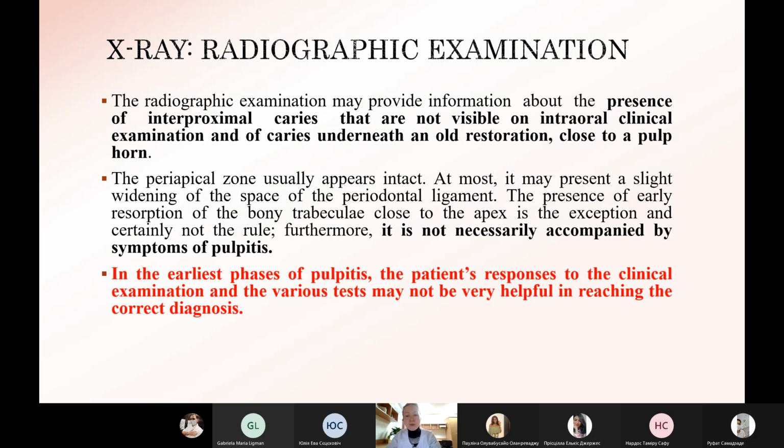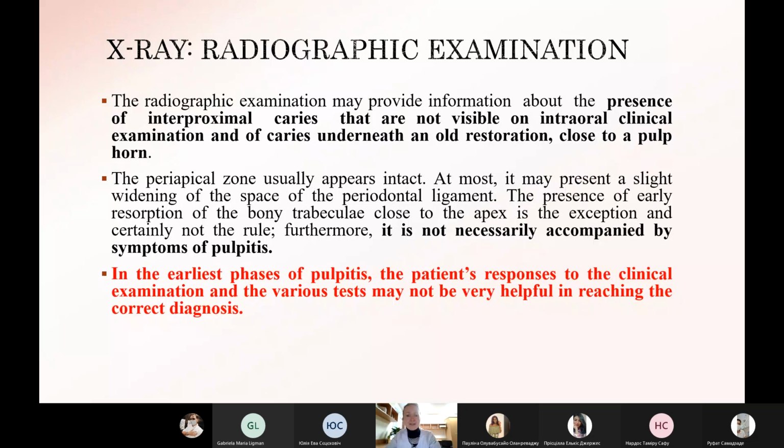Next, the periapical zone usually appears intact. At most, it may present a slight widening of the space of the periodontal ligament. This is true when it is about chronic types of pulpitis, those that last for a long period of time. Possibly in this case there will be a little bit of widening of the periodontal ligament space.